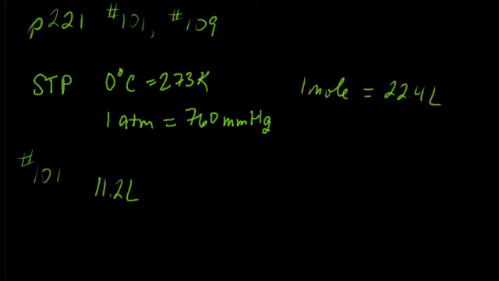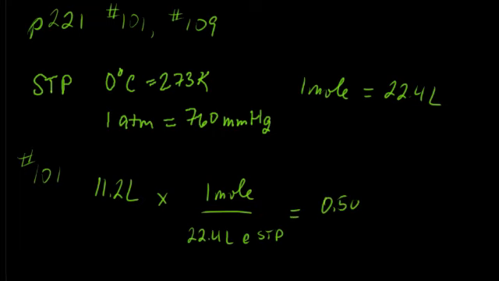Okay, so if we have 11.2 liters and we know that 1 mole occupies 22.4 liters at STP, this ends up giving us a half a mole, and that's exactly our answer, half a mole.